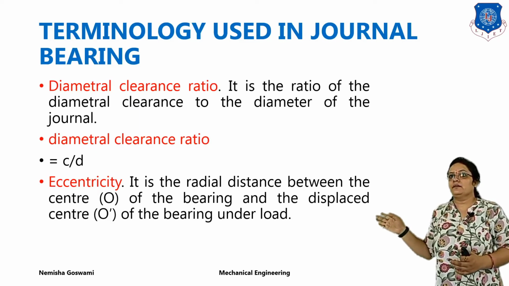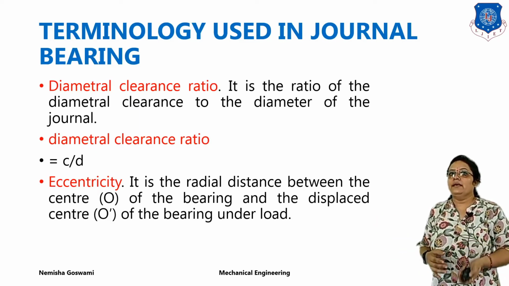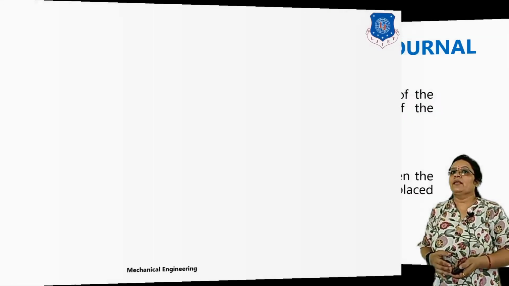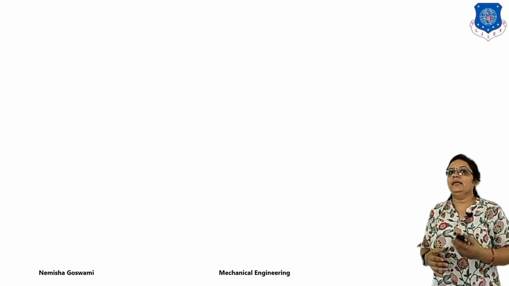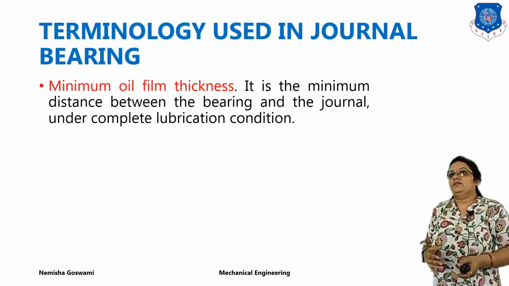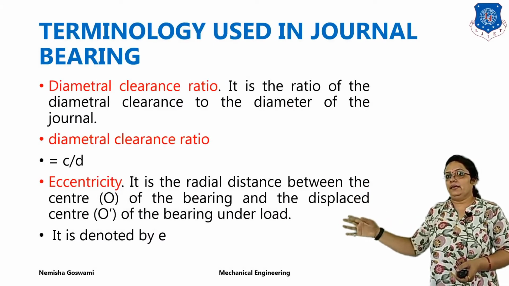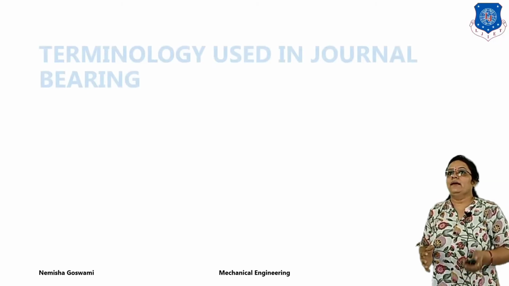The center may be displaced, and that difference is known as eccentricity. It is denoted by e, as I have already explained in the diagram.